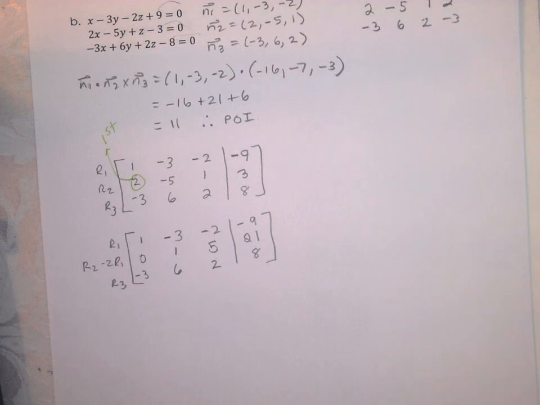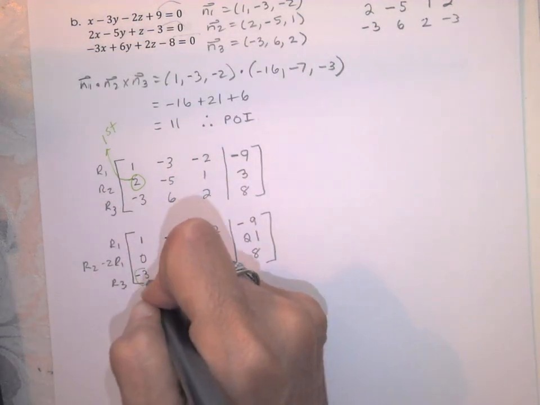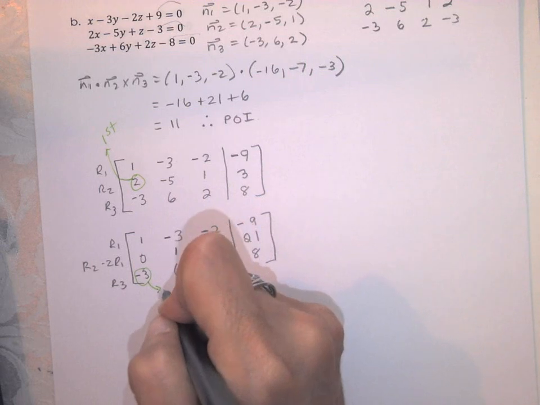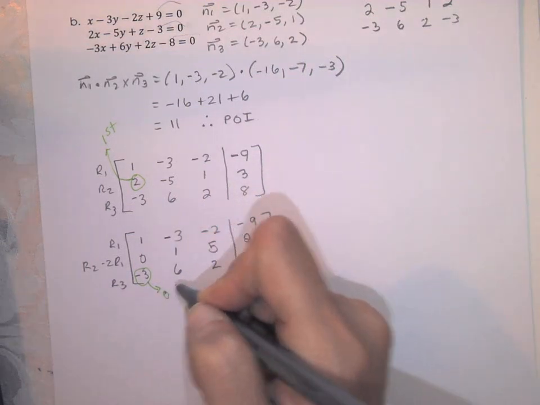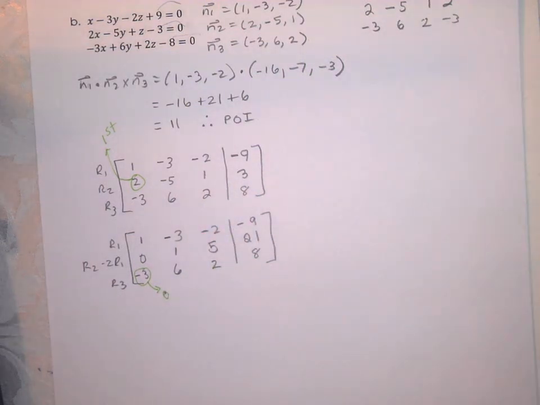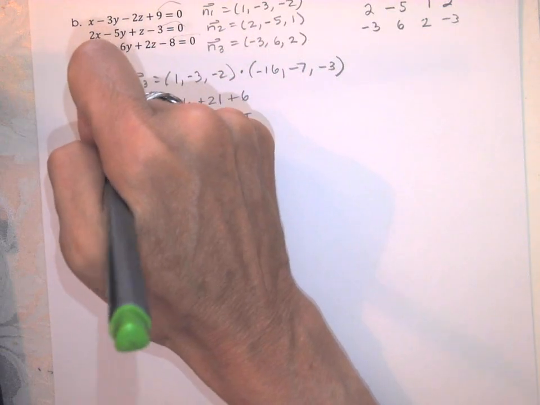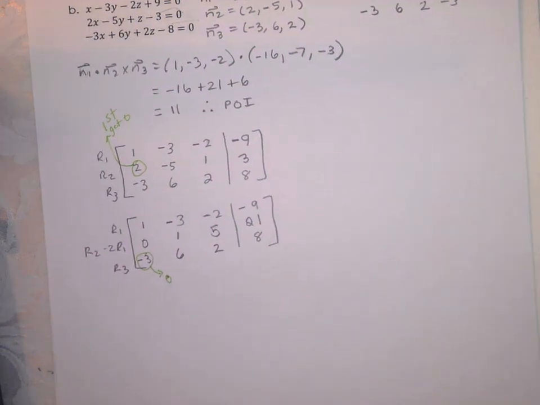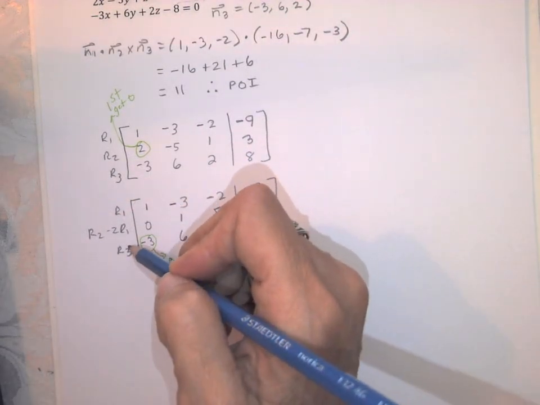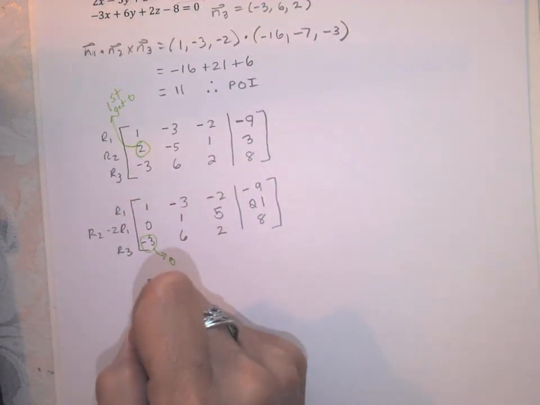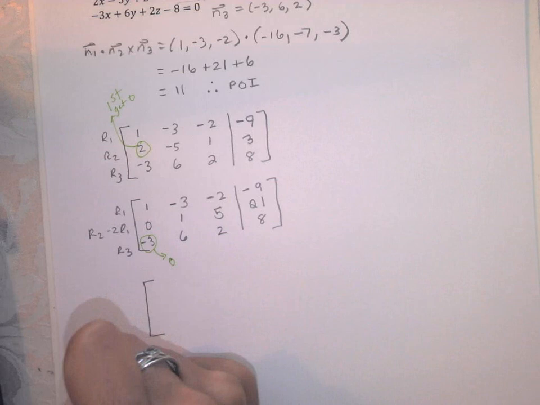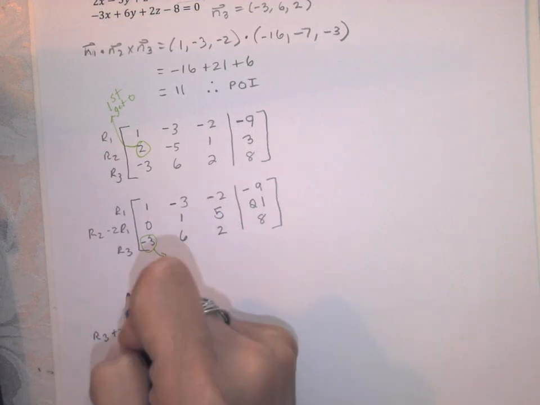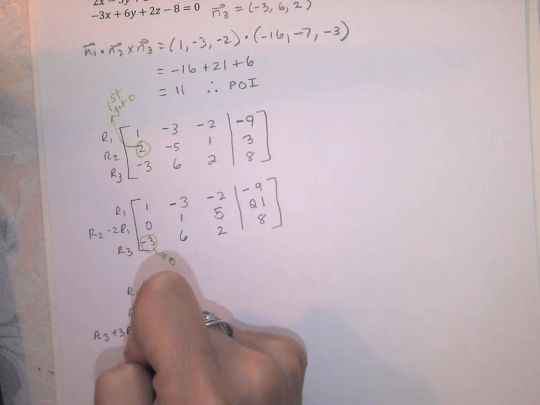And then the next thing I want to do is get a 0 here. We want a 0, that's our second 0 we want to get. And then I can see that I'm going to have to combine row 3 and row 1 to get a 0 there. So it's going to be row 3 plus 3 row 1s. And then I'm going to keep row 1 and row 2 the same.